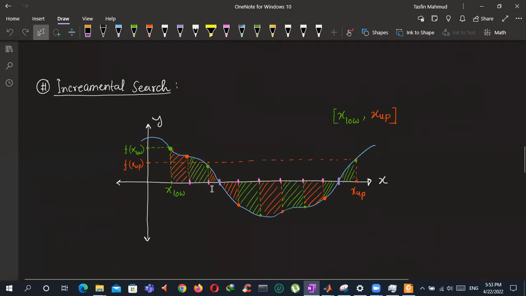So if we can do that, like our x low and x up can be segmented into many small portions, then we will be able to calculate all the roots, multiple roots, right?